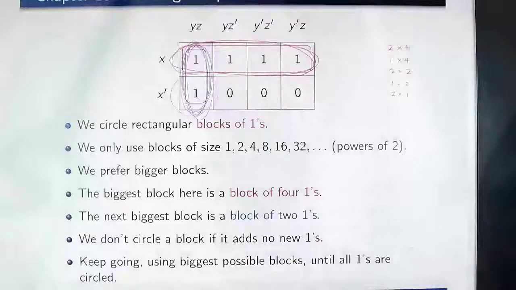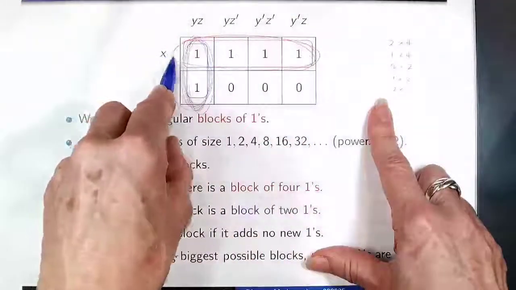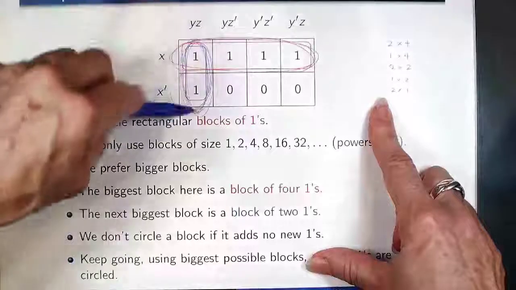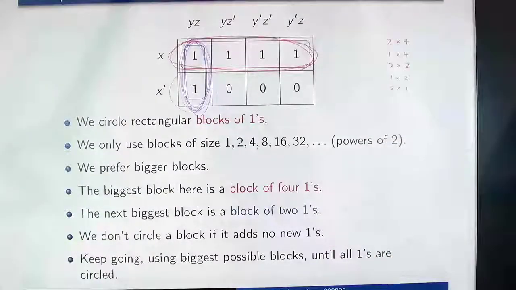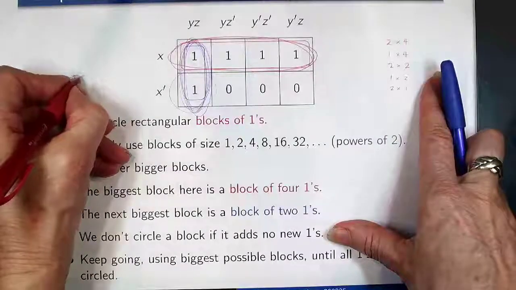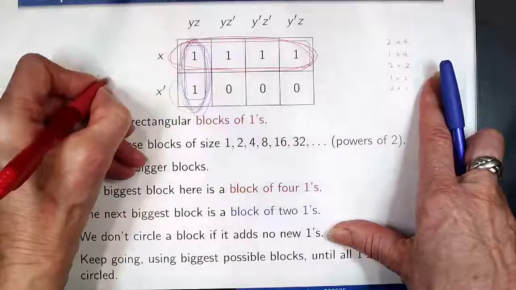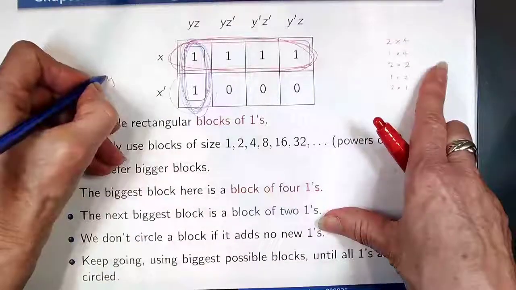So I can now, using those two blocks, describe the function. We get 1 for the function when x is 1, or when yz is 1. We don't need to give the complicated disjunctive normal form, which had 5 different terms. The function is 1 when x is 1, or when, I'll do this in purple, yz is 1.